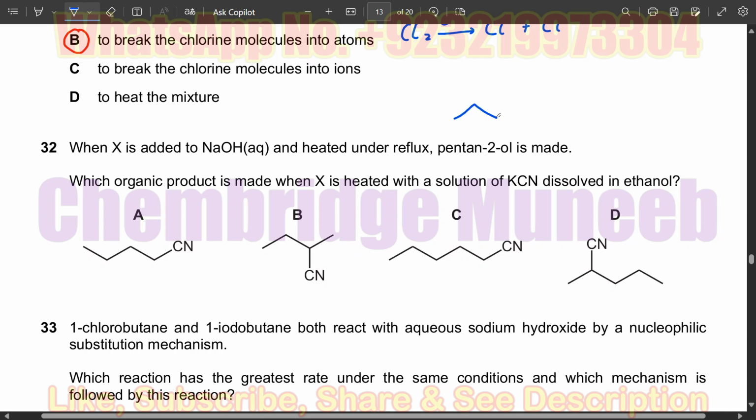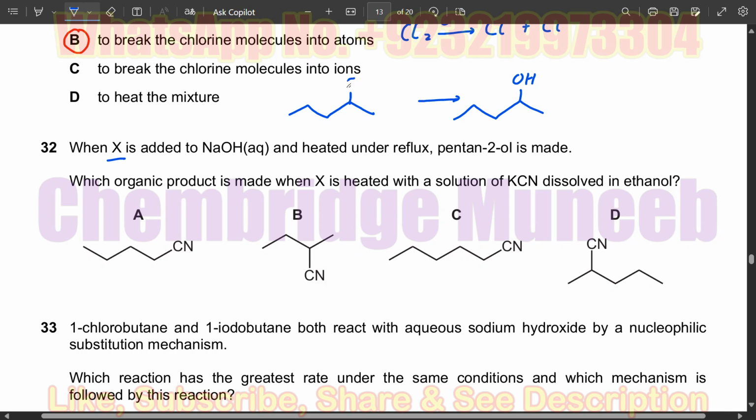I have to draw the skeletal formula here, since all the options are in skeletal formula. So this is pentan-2-ol: 1, 2, 3, or you can go from right to left 1, 2, 3, 4, 5. So position number 2 contains the OH group. Now this must be obtained from compound X. Which compound must have some kind of group present at the same point?